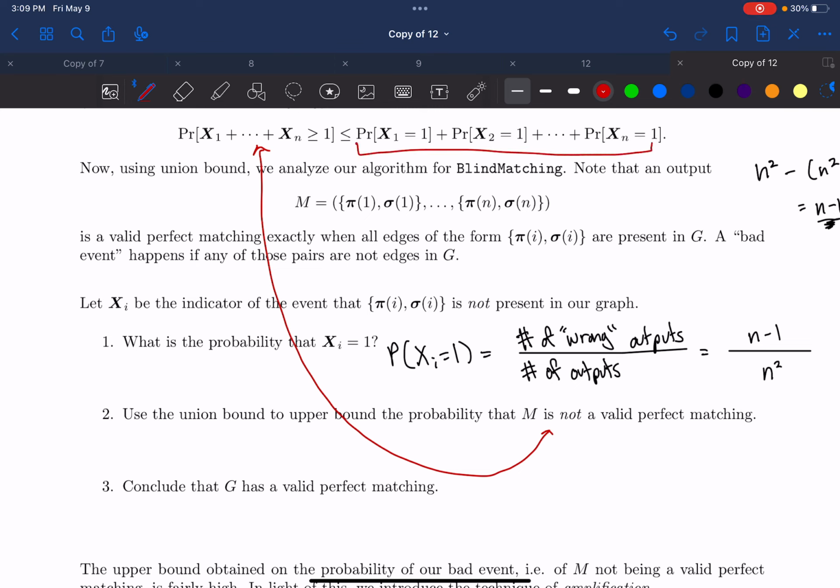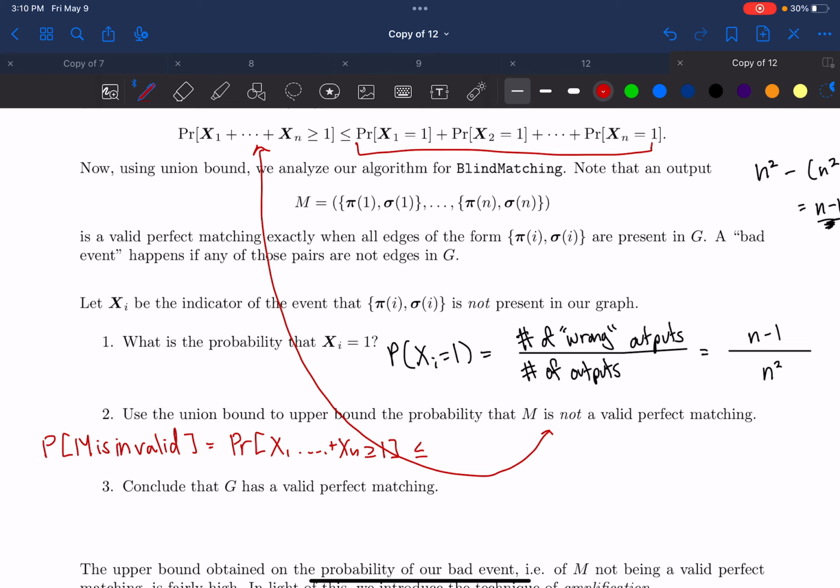So I can say the probability that M is invalid, well, given our analysis just now, we know that's equal to the probability that any x1 to xn summed is greater than or equal to 1.